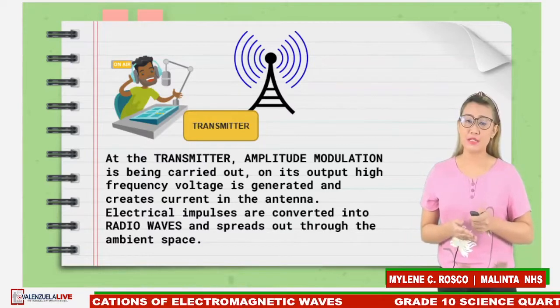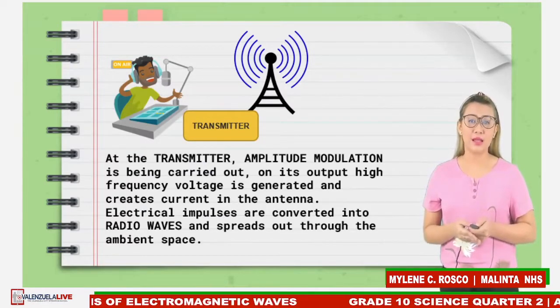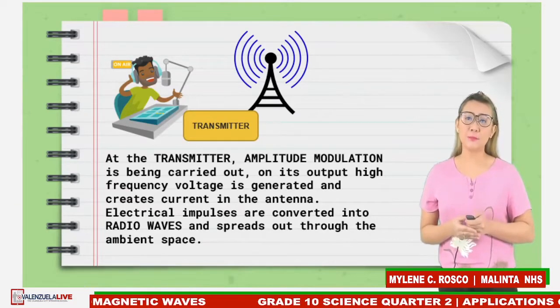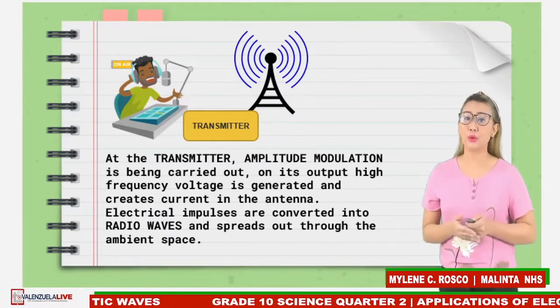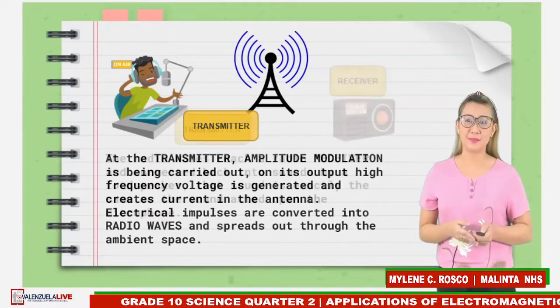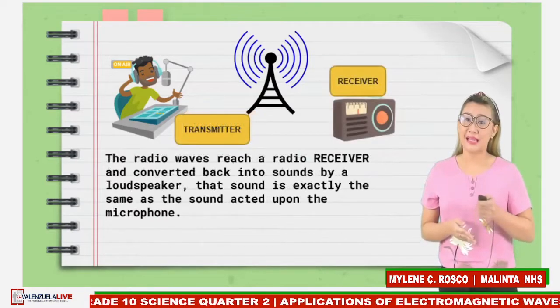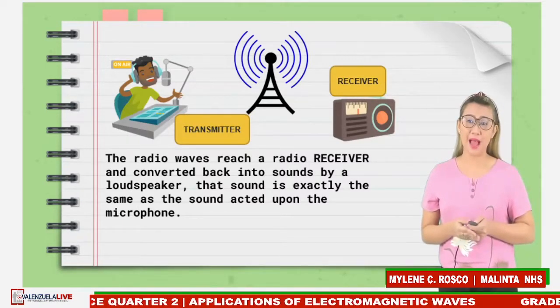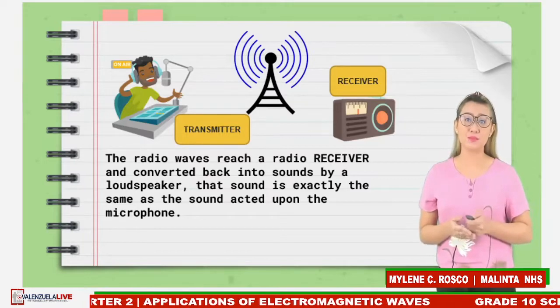High frequency voltage is generated and creates current in the antenna. Electrical impulses are converted into radio waves and spread out through the ambient space. The radio waves reach a radio receiver and are converted back into sounds by a loudspeaker.